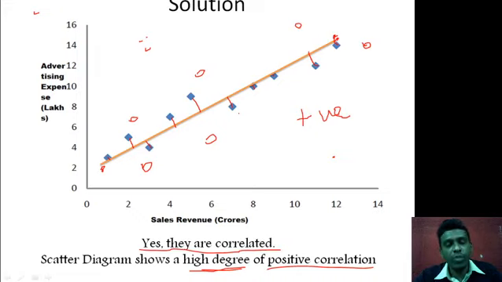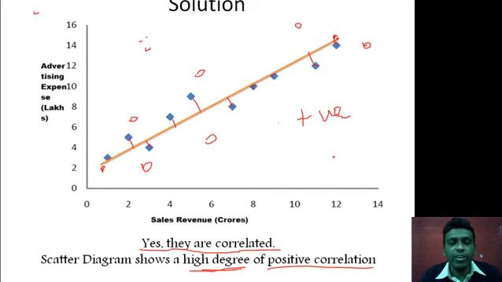So the value is definitely close to 0.6, 0.7, 0.8, somewhere in this range. I think it might be 0.7 or 0.8. To find the exact value you have to use the algebraic methods. So with this we shall end today's lecture.